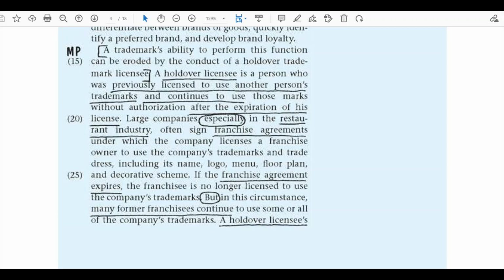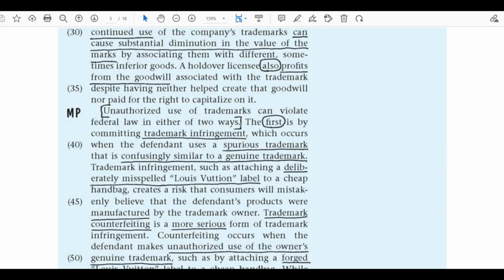Holdover licensees' continued use of the company's trademarks can cause substantial diminution in the value of the marks by associating them with different, sometimes inferior goods. A holdover licensee also profits from the goodwill associated with the trademark despite having neither helped create that goodwill nor paid for the right to capitalize on it.